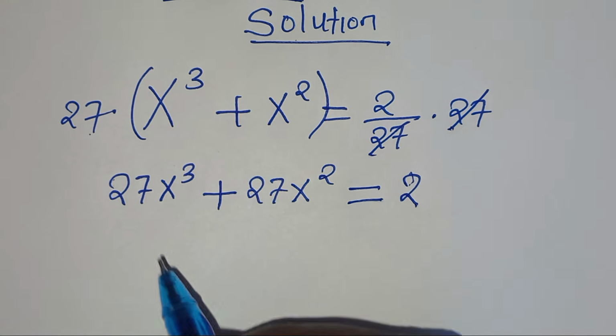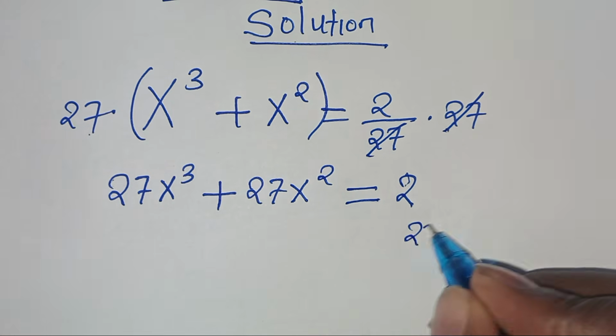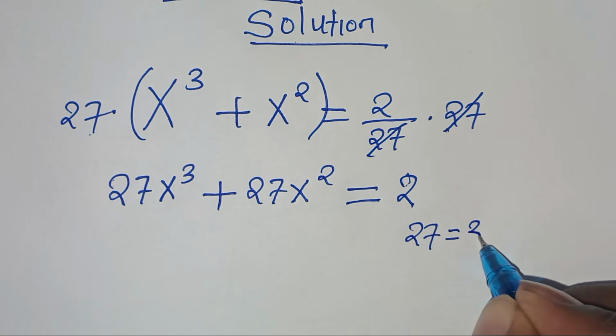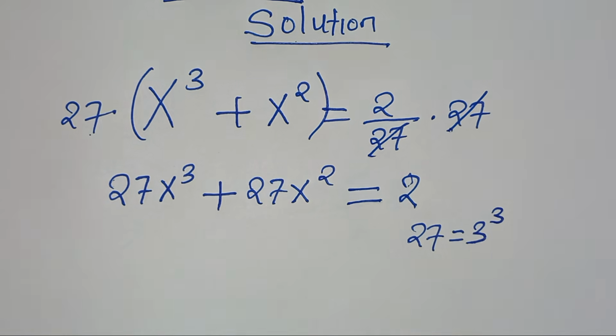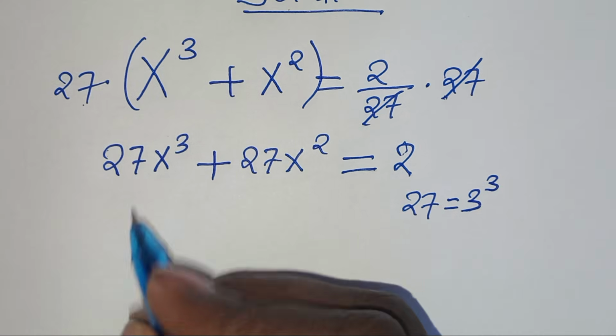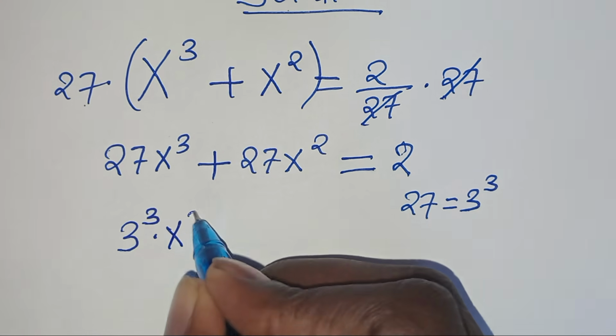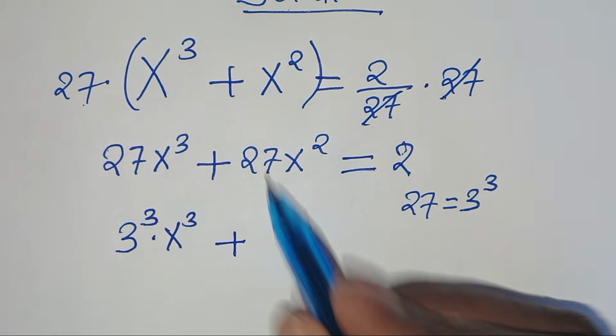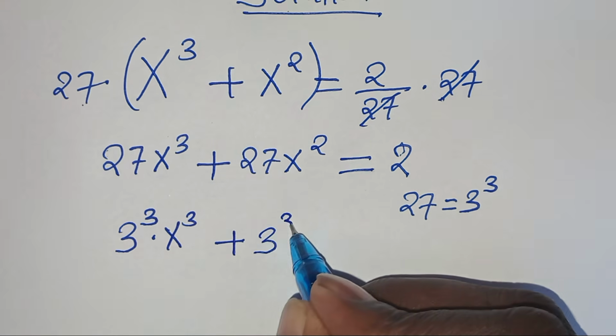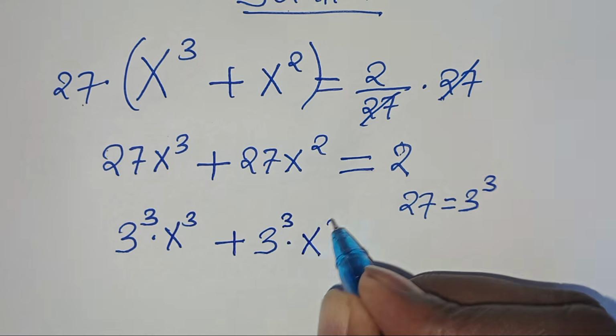Now the next step is that we can express 27. This is the same thing as 3 raised to the power of 3. So here we have 3 to the power of 3 multiplied by x to the power of 3, then plus again 3 raised to the power of 3 multiplied by x to the power of 2.